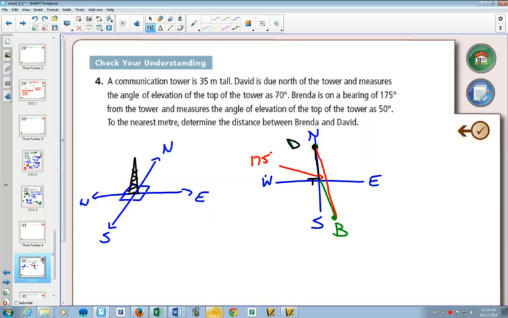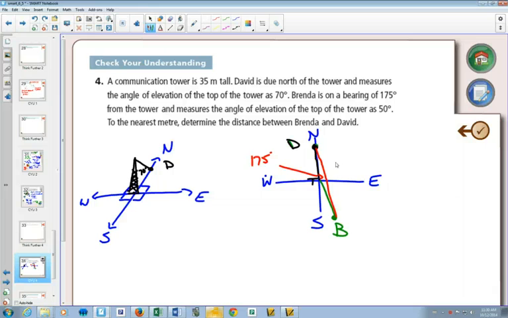that's a pretty looking tower. There's our tower. So in a three-dimensional picture, we lay down a piece of paper and then imagine something coming straight up from there. We've got David right here, and we know that the angle to the top of the tower for David is 70 degrees.